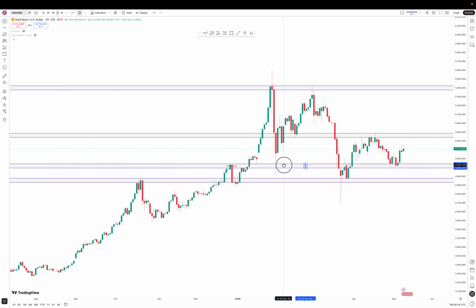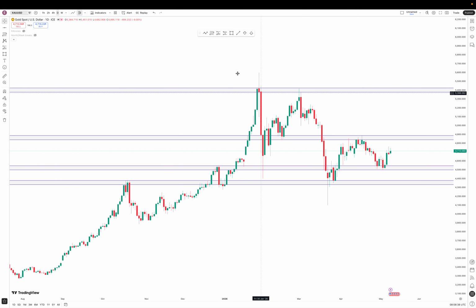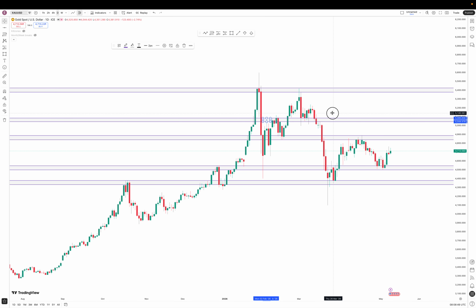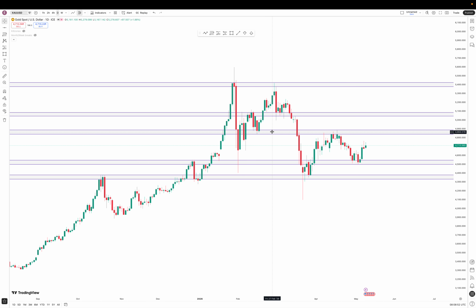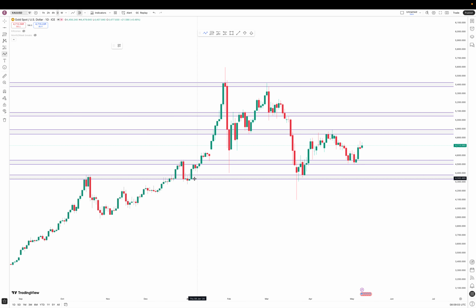This is the zone that I've got the market rejecting. Also, there is a daily zone right here too. Yeah, I think this is it. These are the major zones I can see right now in daily time frame. So going down to the 4 hours time frame, we'll see the chart clearly and refine our zones.